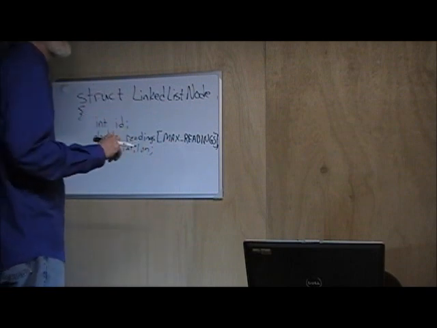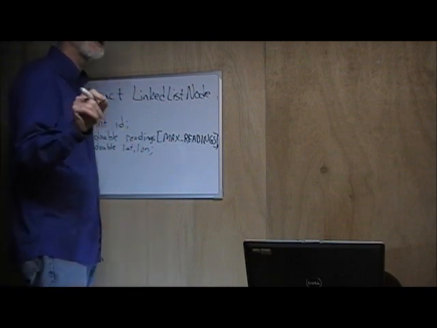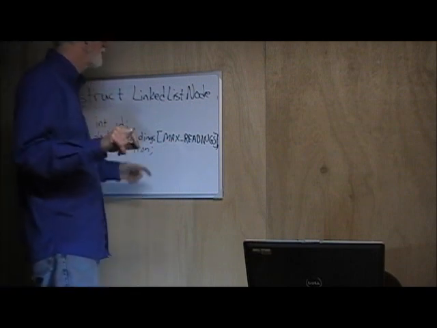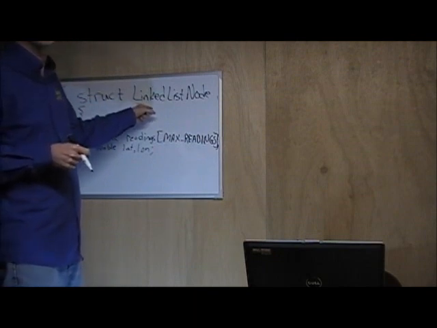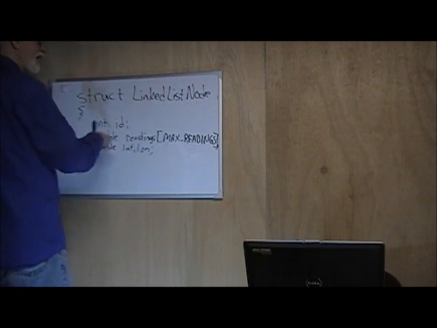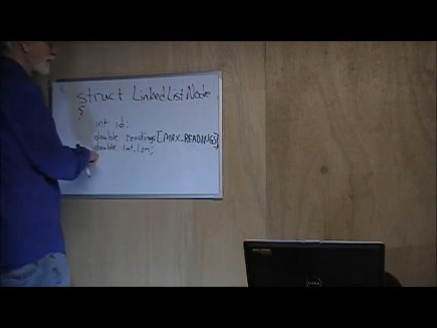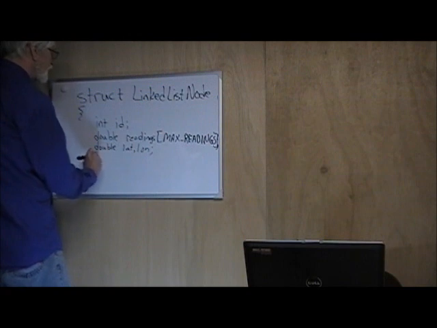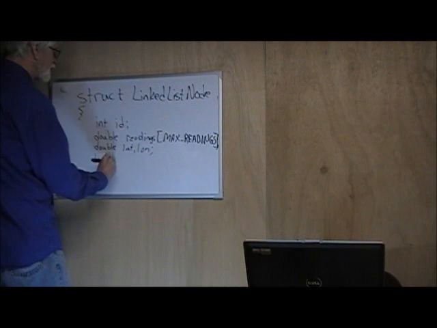So I need something that can hold a memory address, but what does it need to point to? It needs to point to one of these things. I can already use this as a type right here, inside of the same struct that I'm defining, even though I haven't completely defined it yet.